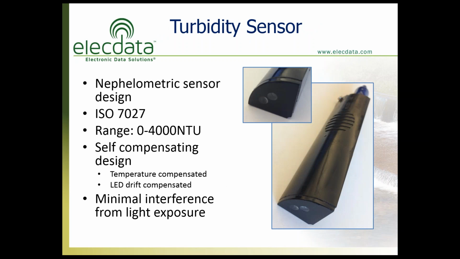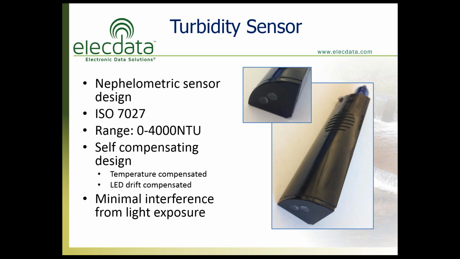Turbidity sensor, we're using a nephelometric sensor design that meets ISO 7027 specifications. The range of the sensor is 0 to 4,000 NTU, so we can handle a wide range of turbidity from basically clear turbidity-free water to a lot of gunk going down the stream or in your lake.